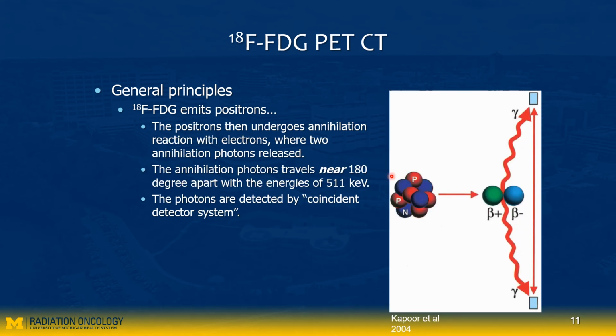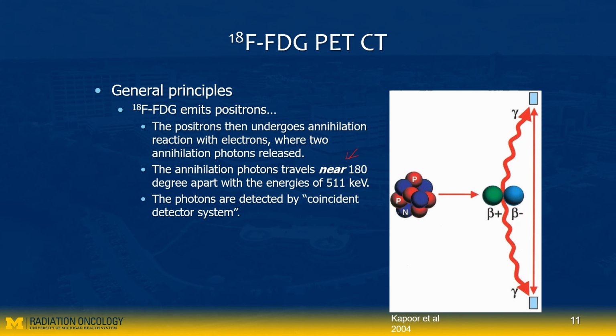So this is F18, and then it emits this positron. The positron cannot travel far. It almost immediately interacts with an electron. Electrons are everywhere, and then it emits two gamma rays, two photons, in opposite directions. Near, this key is near, 180 degrees apart.